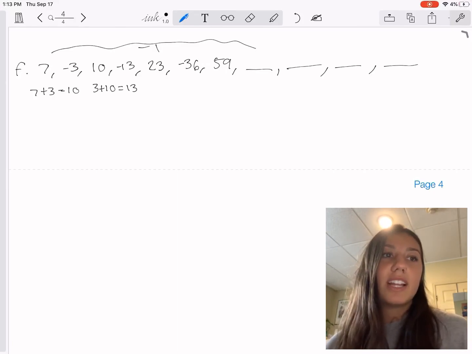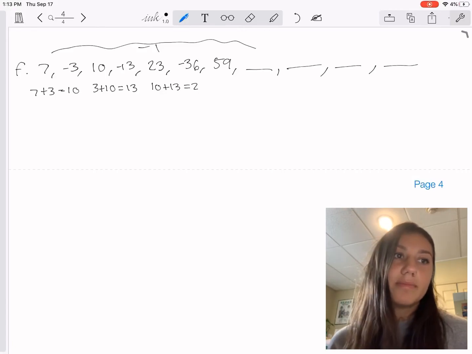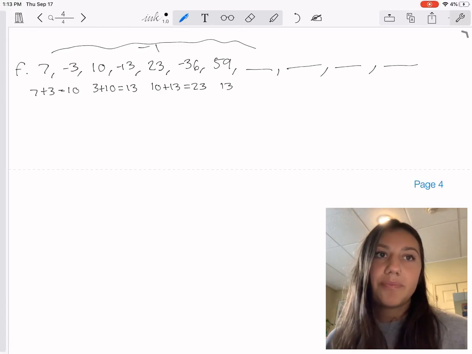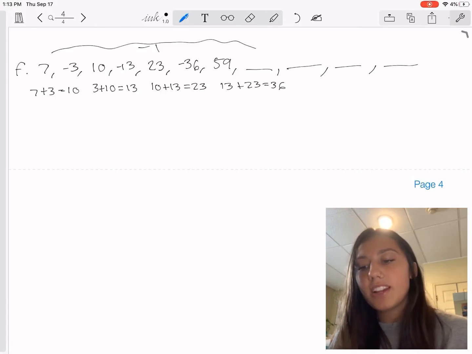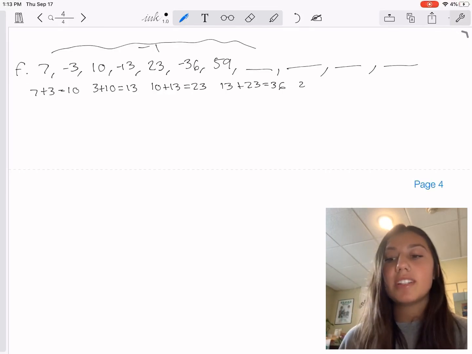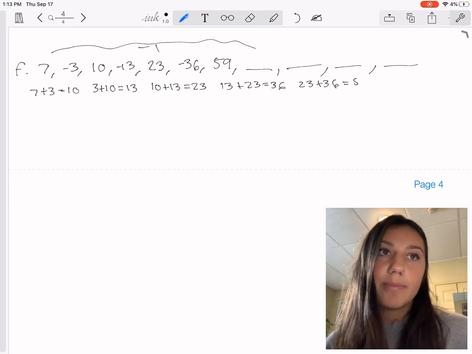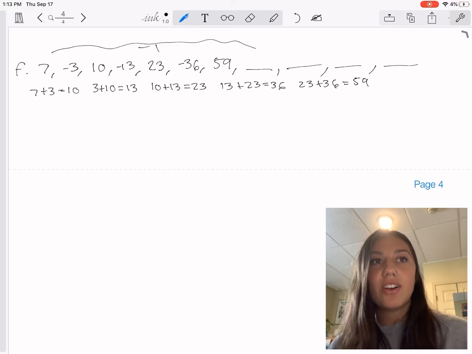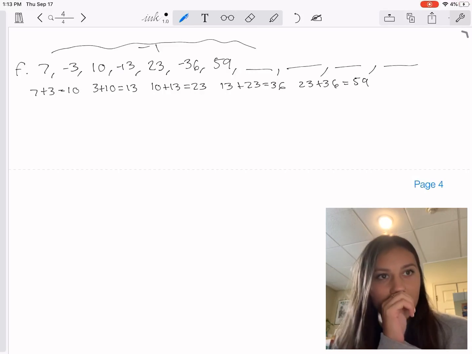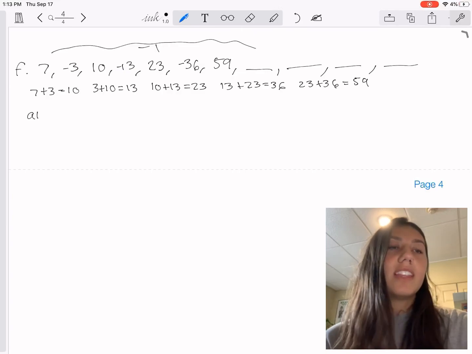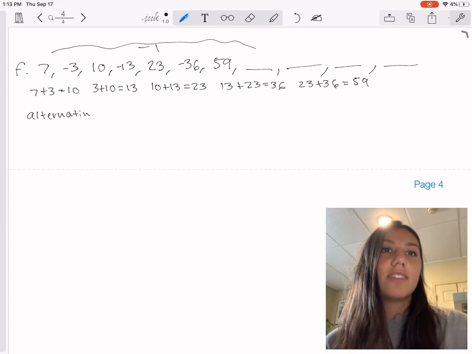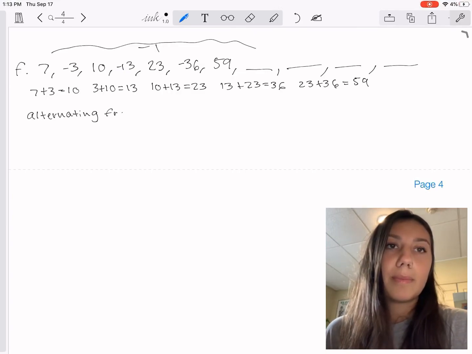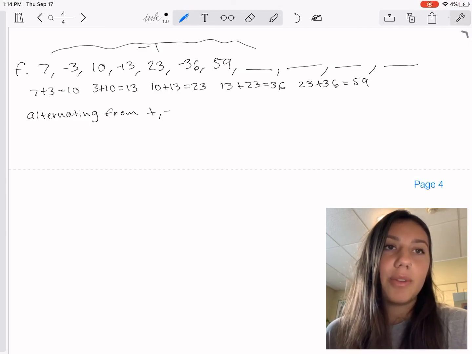So I was doing what I did in the previous problem, just adding them up like each is an equation. So each number is the sum of the two previous numbers again. And once I found all the numbers for the sequence, I brought the next things down. They're alternating. I said that previously.